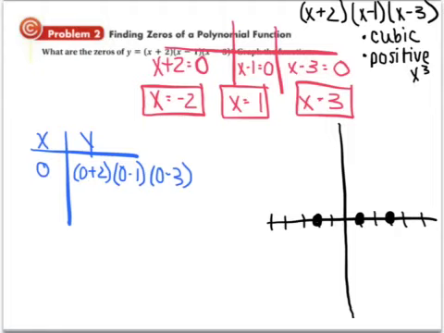Choose an x between your intercepts, plug it into the original. So this is 2 times -1 times -3. That's a positive 6. So now we have another ordered pair, 0, 6.